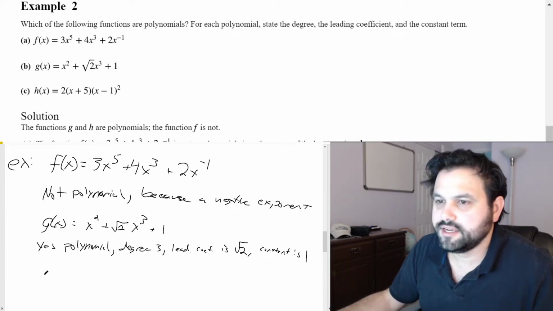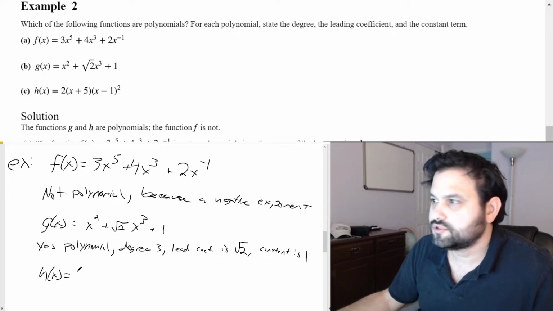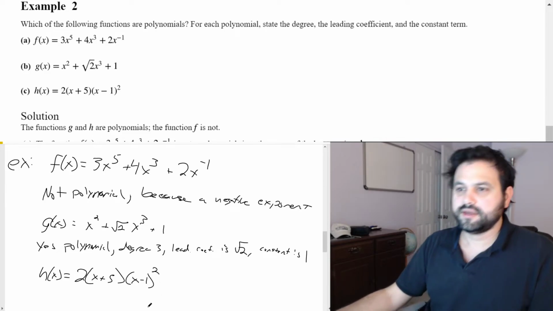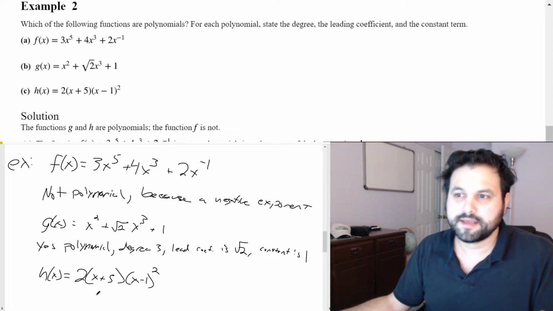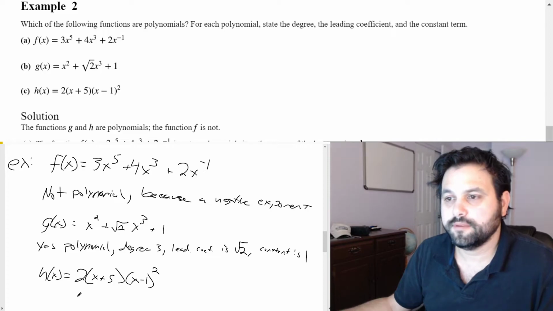Okay, next one, h of x equals 2 times x plus 5 times x minus 1 squared. Is this a polynomial? Well, this is not written in standard form.